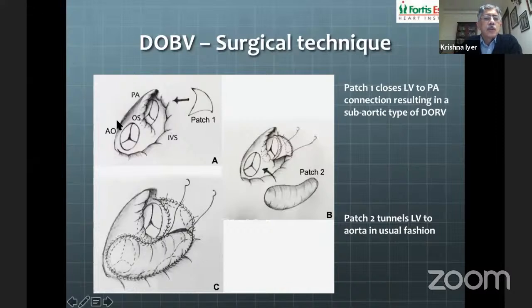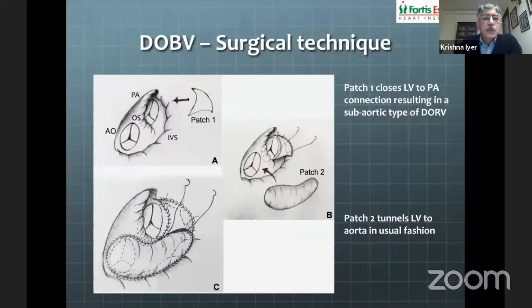So it would be more logical to tunnel the left ventricle to the aorta and at least avoid performing an arterial switch operation. But the problem was that if we tried to use a single patch for this, the patch became very complicated and twisted in the middle because the margins of this interventricular communication were quite tortuous.